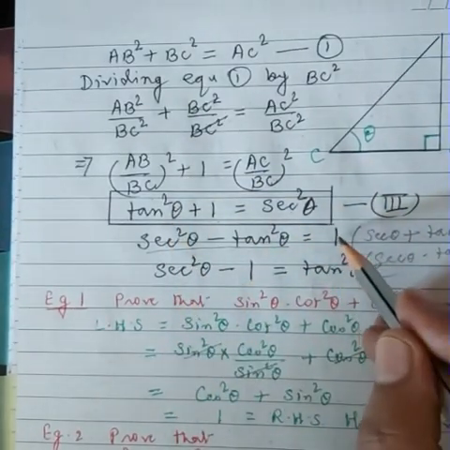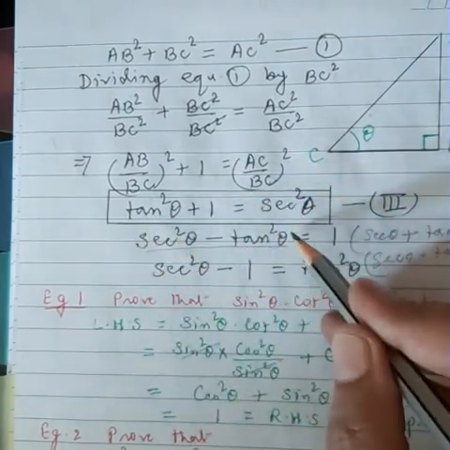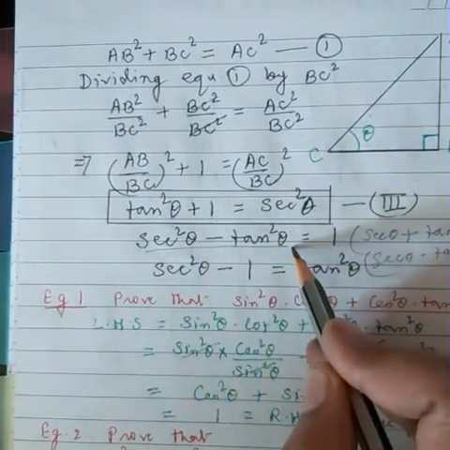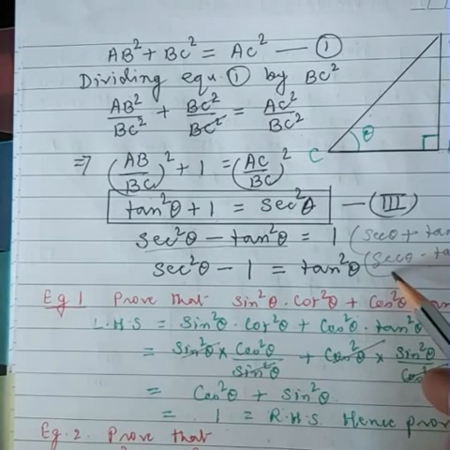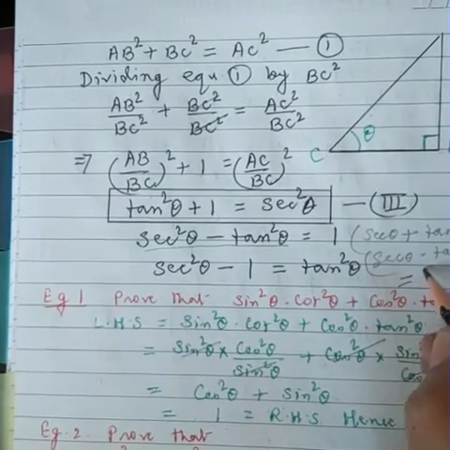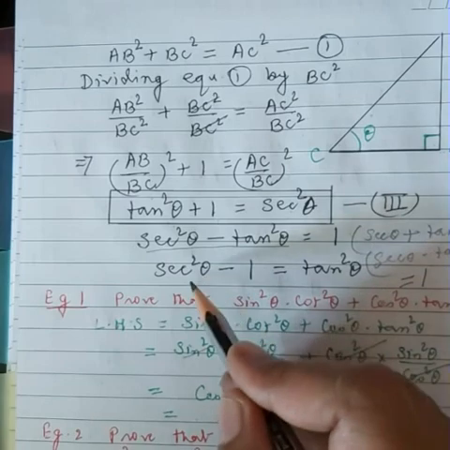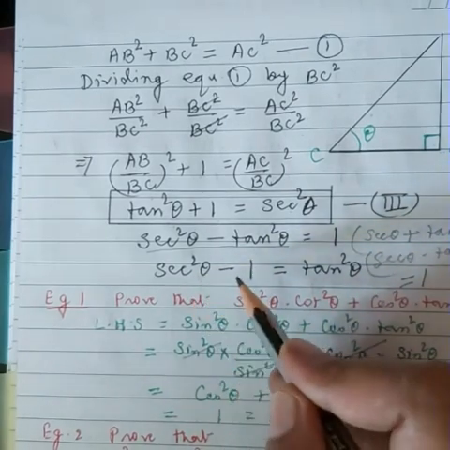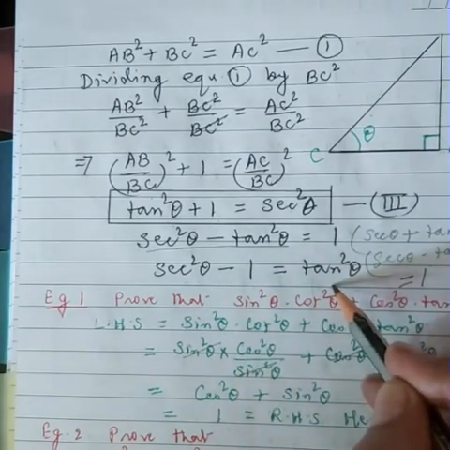So this is the third basic one, and from this identity we have derived two more identities. Sec square theta minus tan square theta you can write as sec theta plus tan theta multiplied by sec theta minus tan theta is equal to 1. So this will also be equal to 1. Or sec square theta minus 1 you can write as sec theta plus 1 multiplied by sec theta minus 1 is equal to tan square theta.